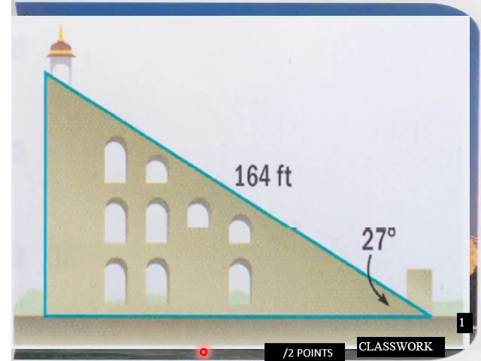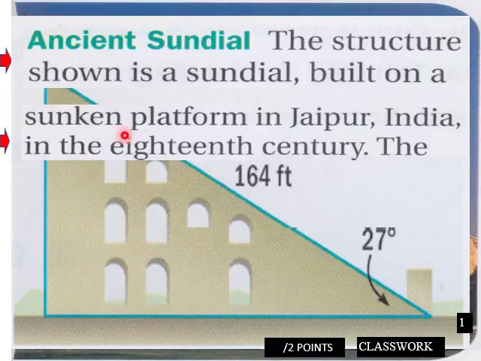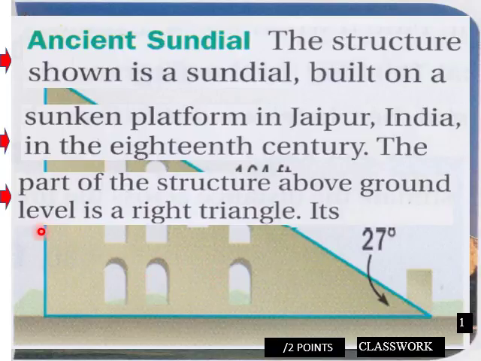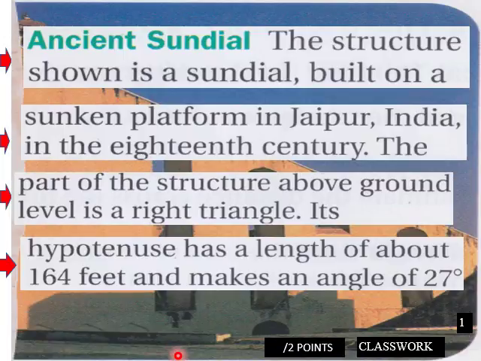Into our lesson today. Ancient sundial right here, in Jaipur, India, 18th century technology. The hypotenuse has a length of about 164 feet and makes an angle of 27 degrees, which is right here.